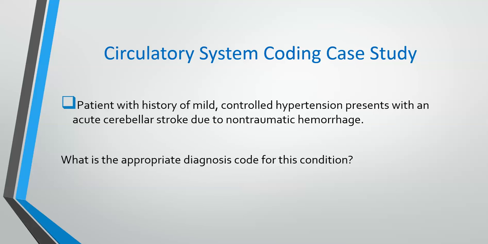So this one says a patient with a history of mild controlled hypertension presents with an acute cerebral stroke due to non-traumatic hemorrhage. So we'll start with stroke.